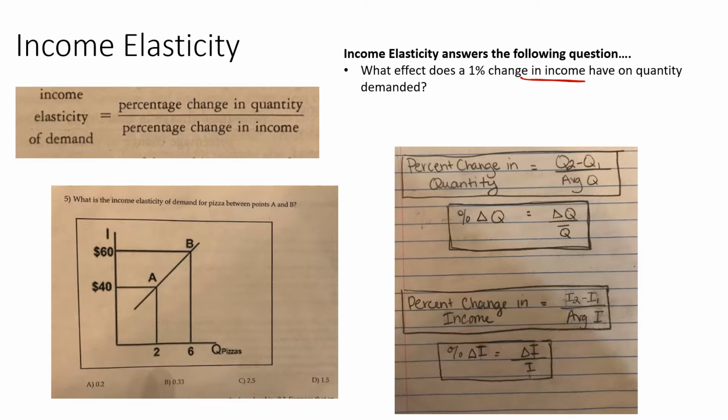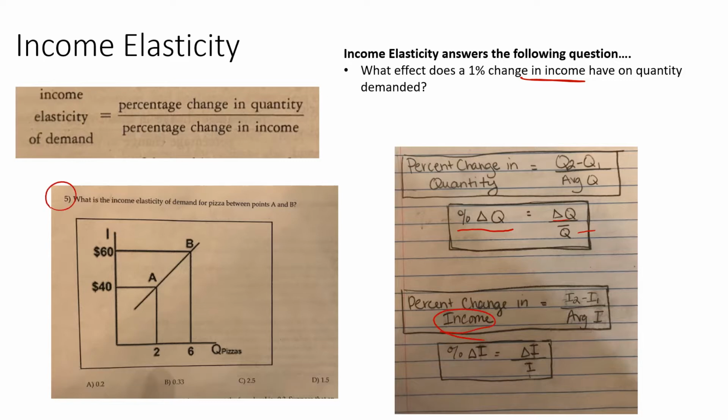So we have the same first part of the equation, the percent change in quantity equals change in quantity divided by average quantity. But the bottom, instead of being percent change in price, it's percent change in income.